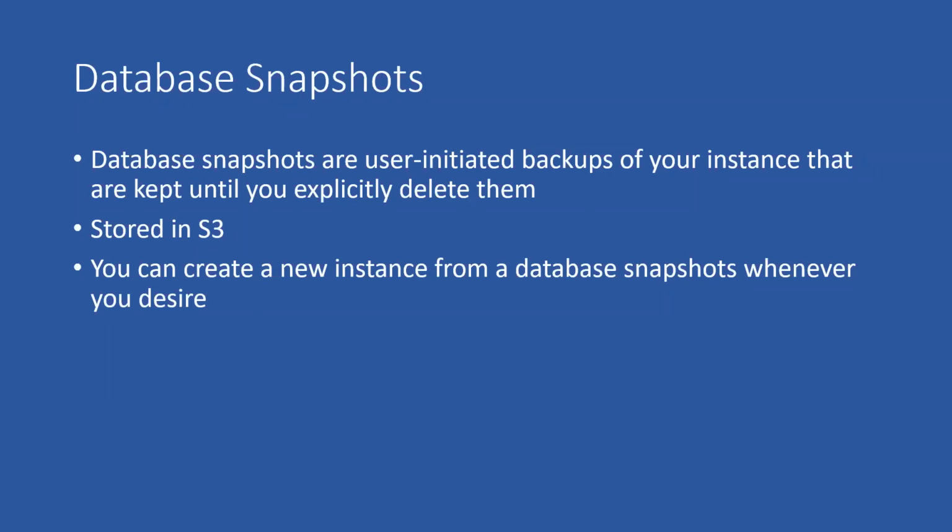At any point, let's say for compliance reasons or disaster recovery reasons, compliance is the best example, you have to be able to go back in time for up to 6 months. And you have an automated backup in the form of 35 days.